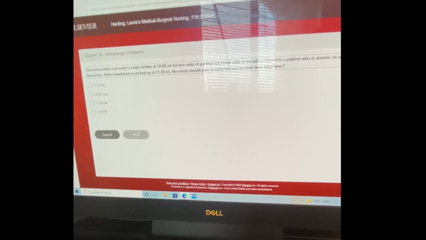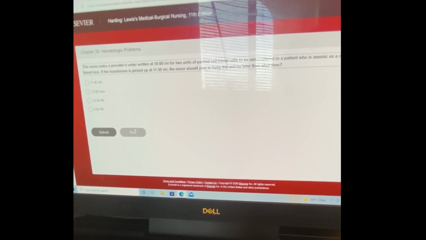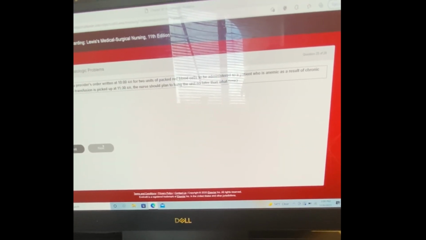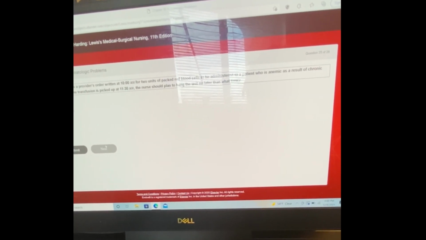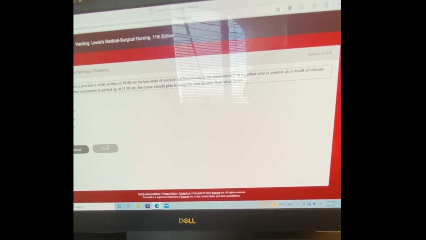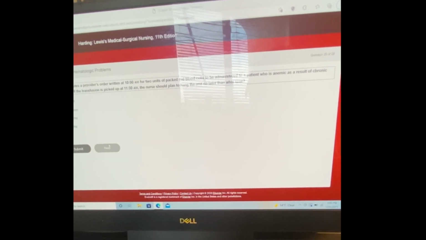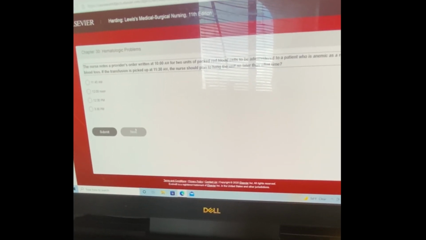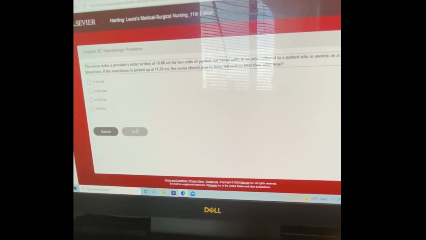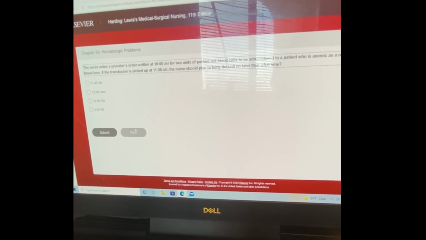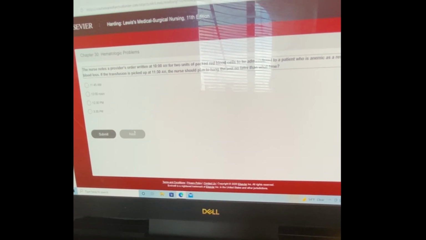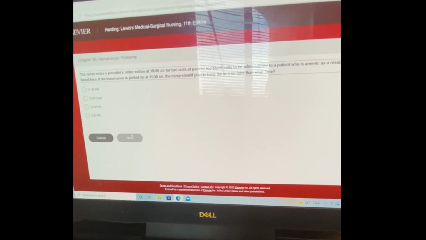So how long can these red blood cells be out? The patient was anemic as a result of chronic blood loss. So you get it at 11:30. In between, we talked about that question earlier where you got to verify it with his bracelet. Then you got to do some little stuff. That stuff may take 15 minutes. I don't expect the whole process to take 30 minutes.